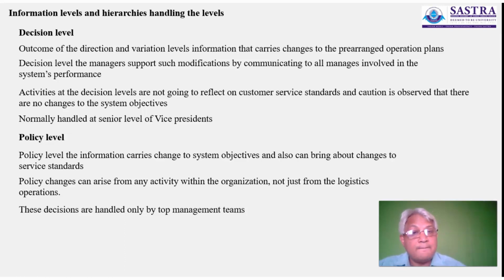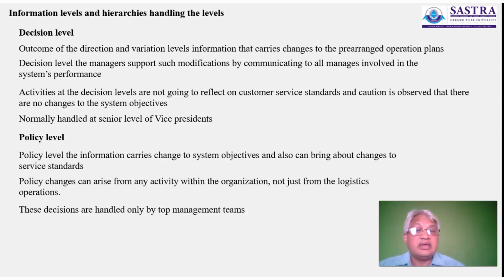When I talk about modification, these are not going to bring any changes in the level of customer service standards which the company has already decided. It is also not going to bring any change in system objectives. These are normally handled by very senior people at a vice president level.